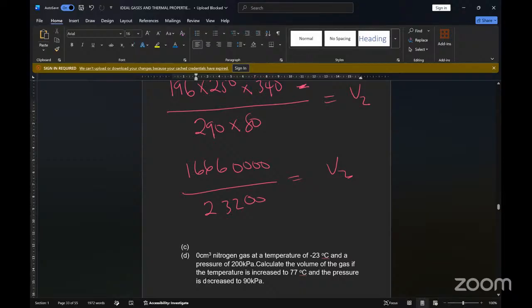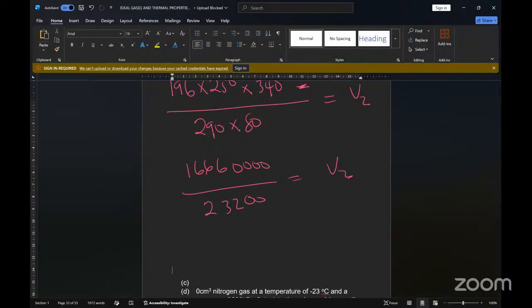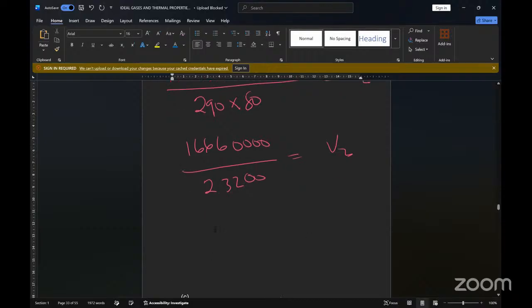Calculators. Okay, let me just push this one downward so that according to my calculator, the answer is V2 is equal to 718,10 centimeter cube.